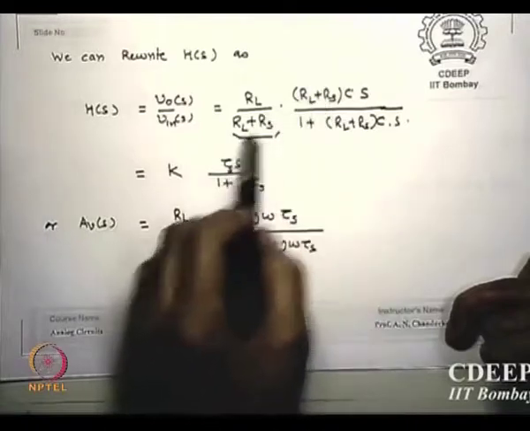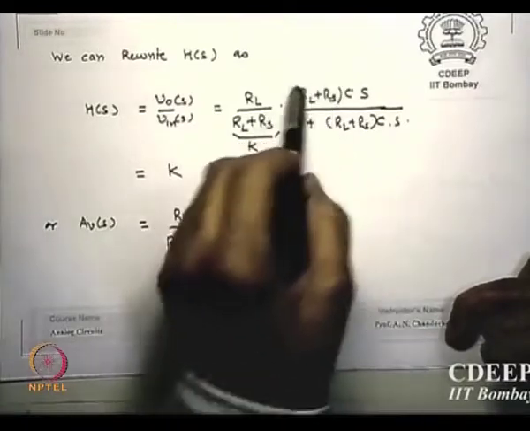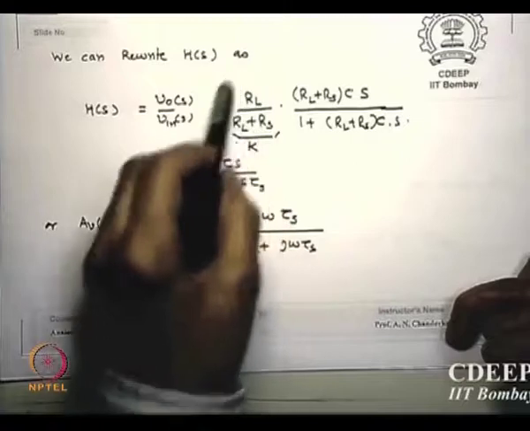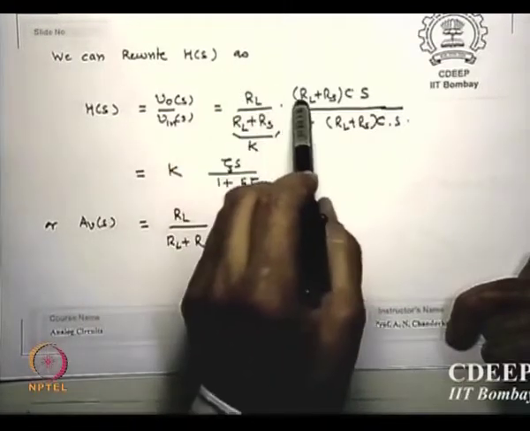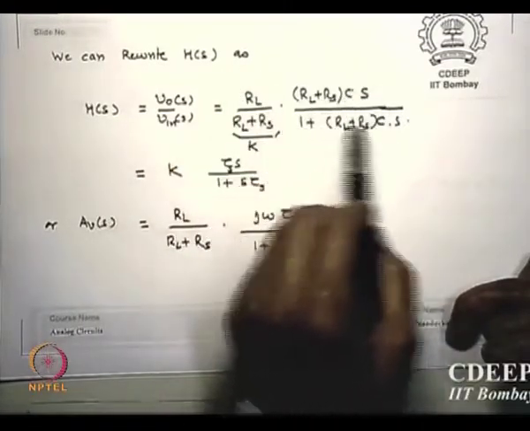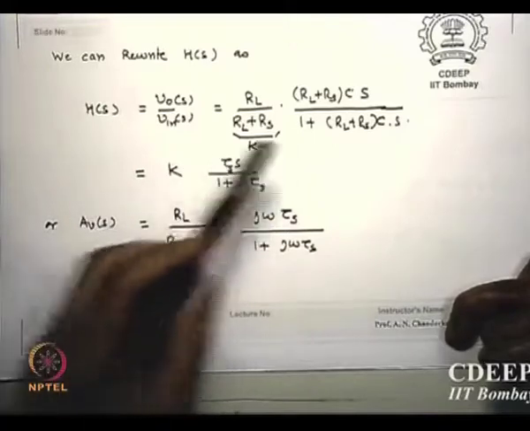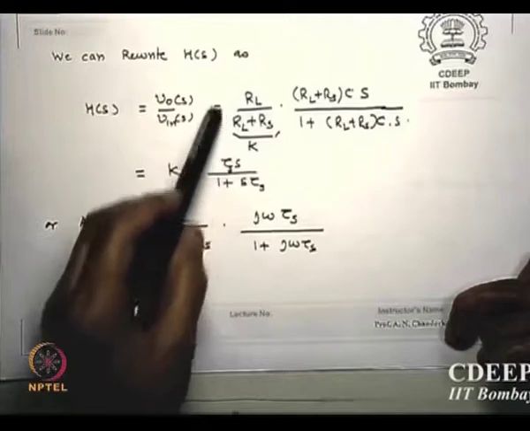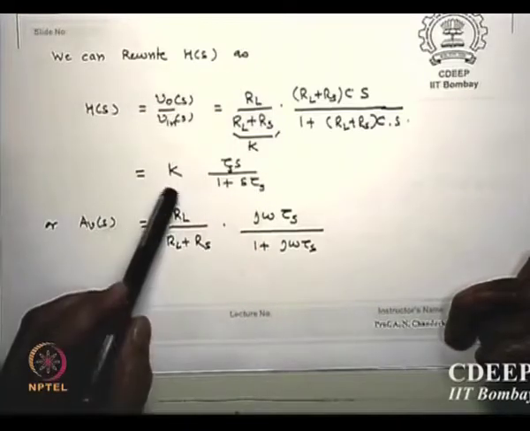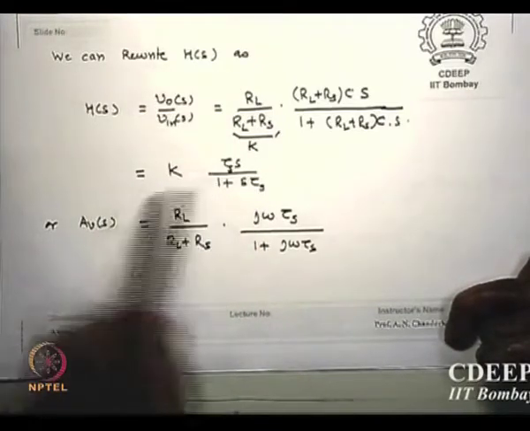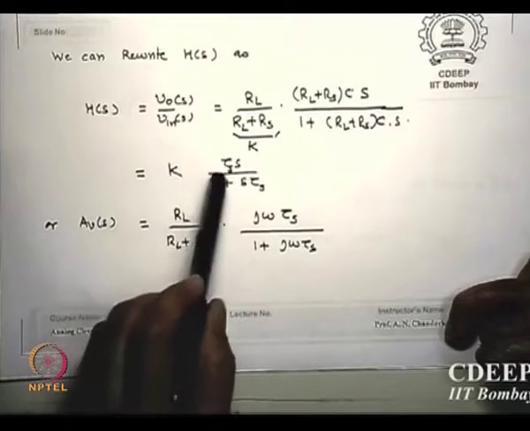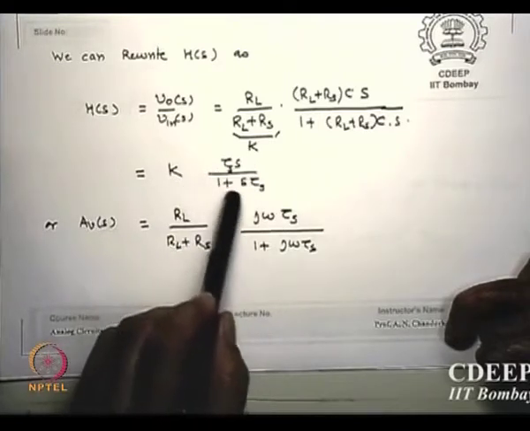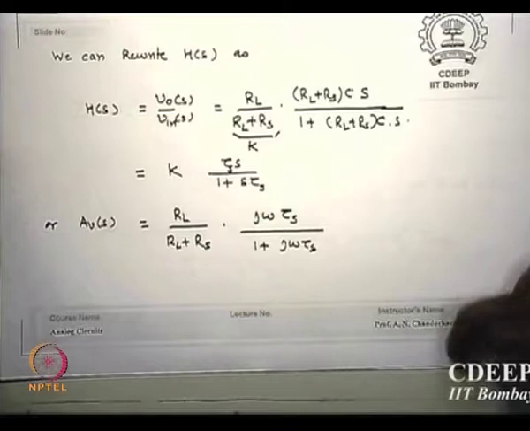These are the same terms, I just multiply and divide. So I get RL upon RL plus RS times RL plus RS times CS upon 1 plus RL plus RS times CS. Using RL plus RS times C as tau s, and RL upon RL plus RS as K, H of S is K times tau s S upon 1 plus tau s S. Is that correct?